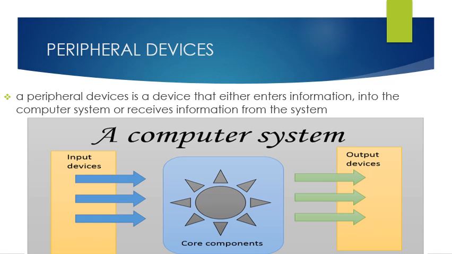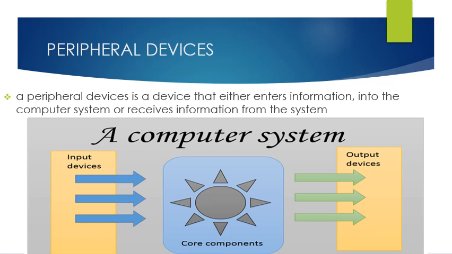As we can see in this diagram, the first box refers to the input devices. It allows us to input data and information into the system. Then the second one is known as the core component of the computer system, which is the central processing unit that executes the instructions and data given to it.